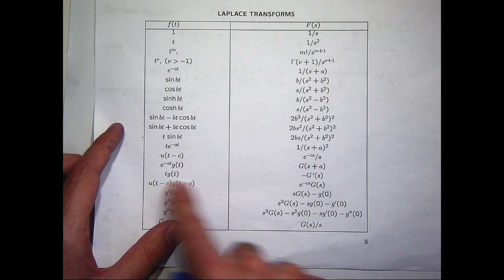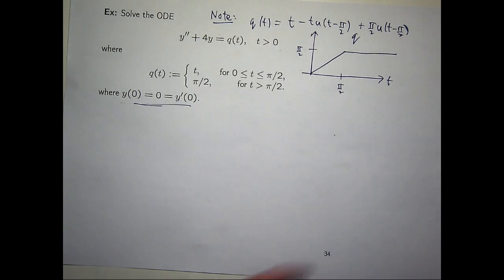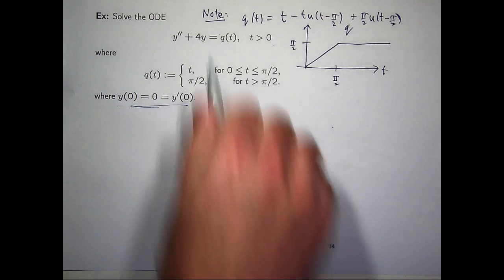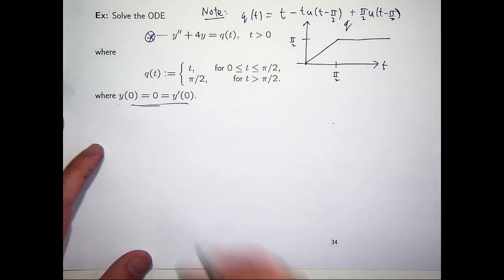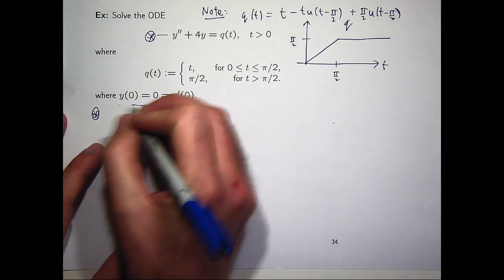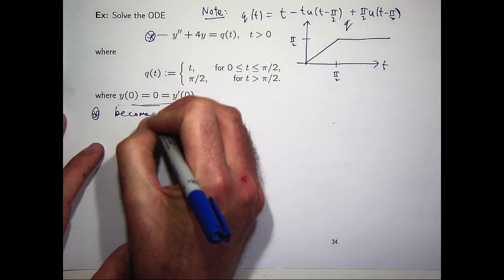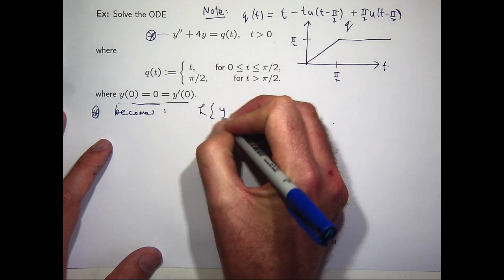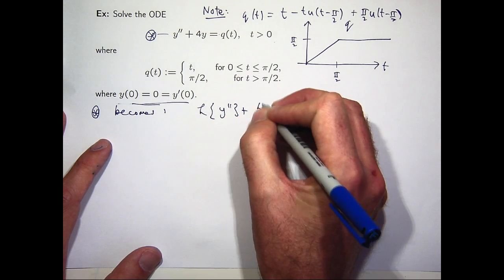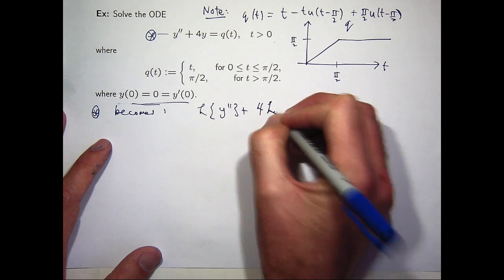Second shifting theorem. Okay? So, let's take the Laplace transform of both sides of, say, star. Now, the Laplace transform is a linear operator, so I won't write down all the steps here.